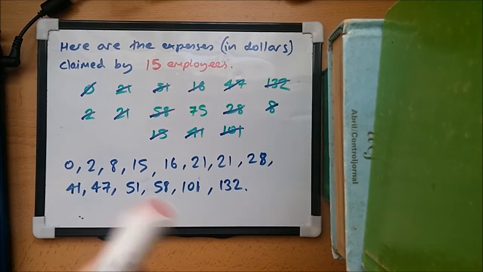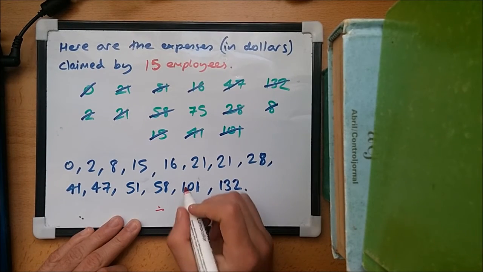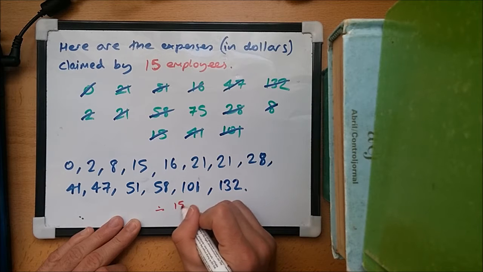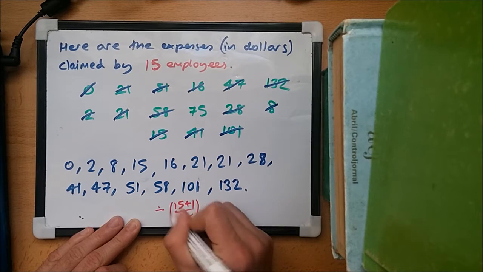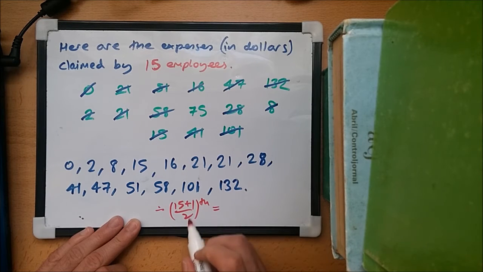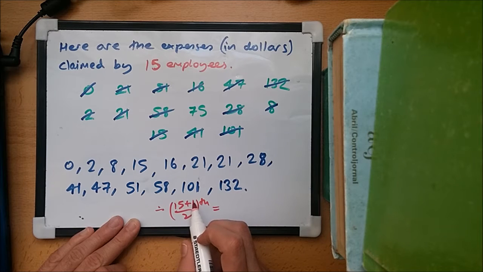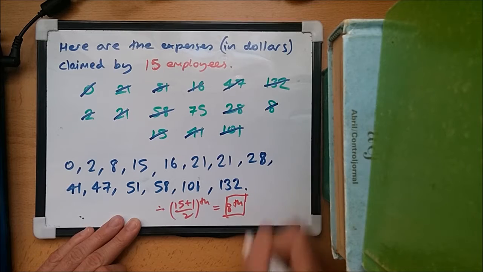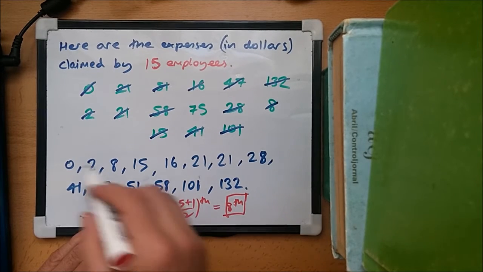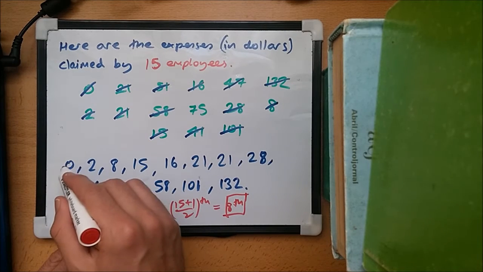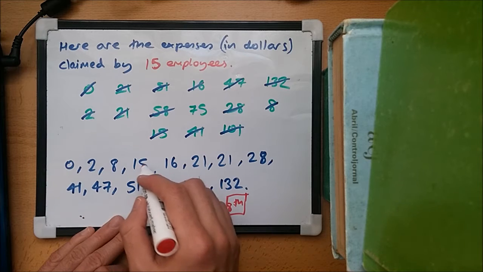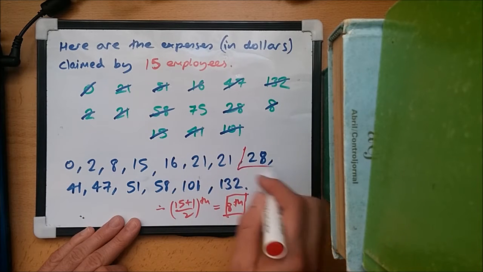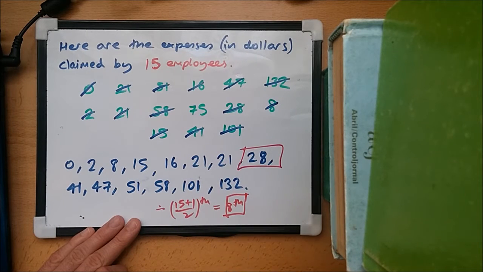So the middle position is the 15 plus 1 over 2 position. 15 plus 1 is 16, and 16 over 2 is 8. So we're looking at the 8th position. Where's the 8th position? We start from position 1: 1, 2, 3, 4, 5, 6, 7, 8. And that's it. So the median is 28.